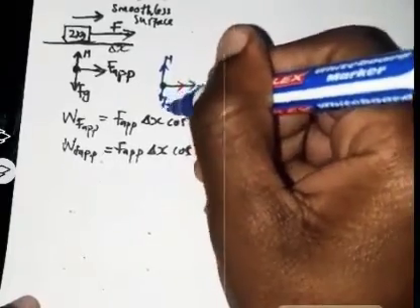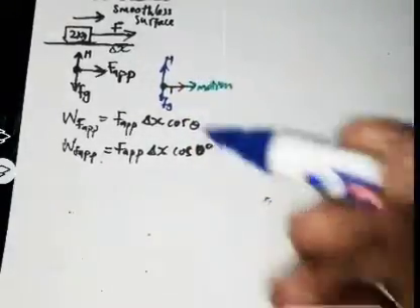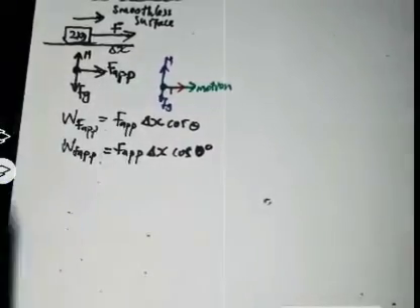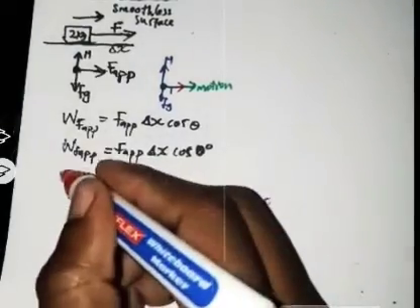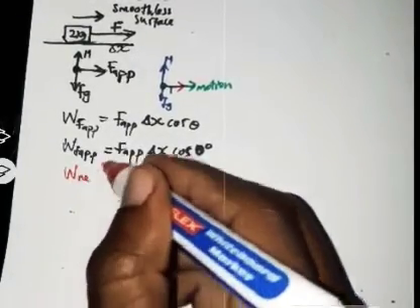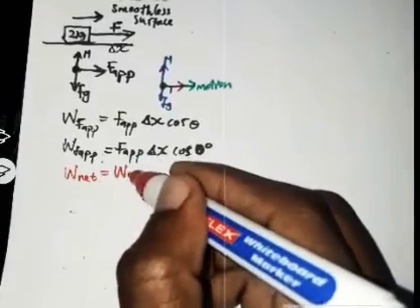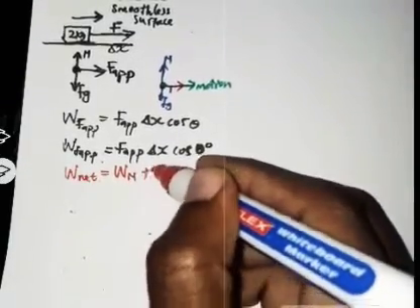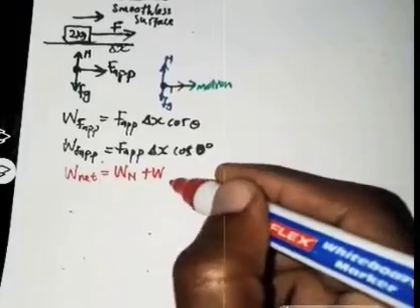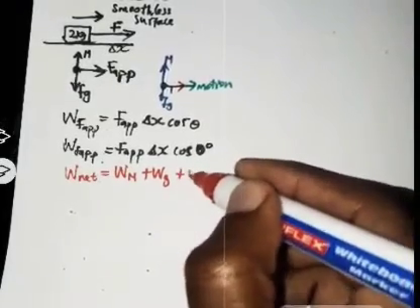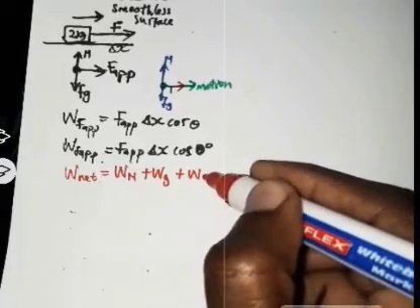The angle between the motion and those is still 90, so they do no work, and hence we're going to say work net equals work of normal force plus work of gravitational force plus the work done by the force applied.